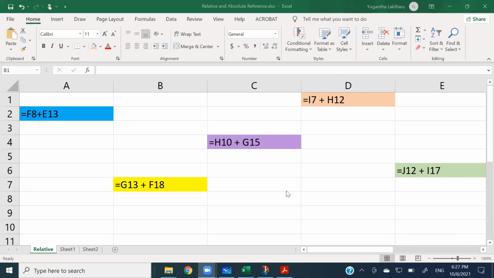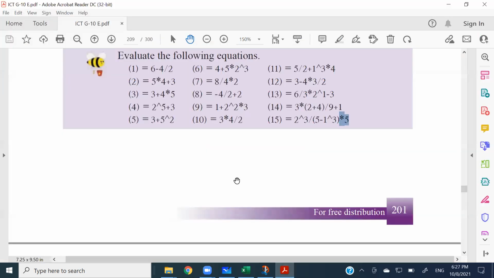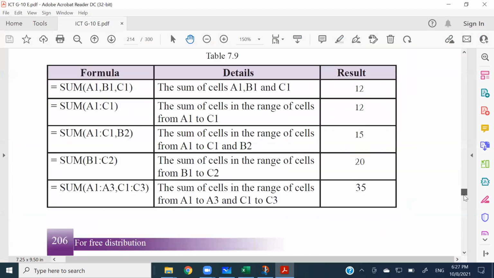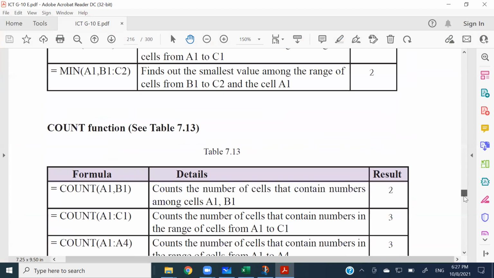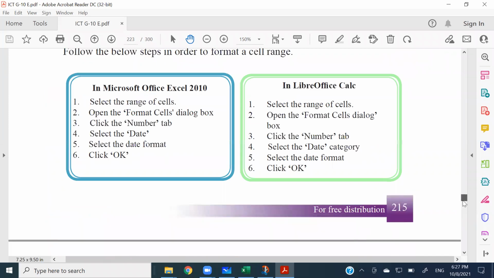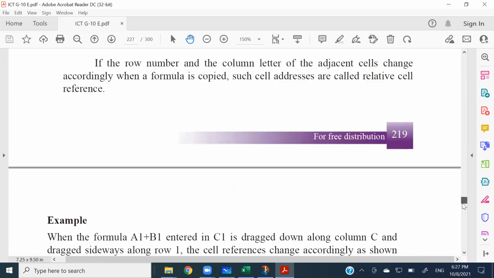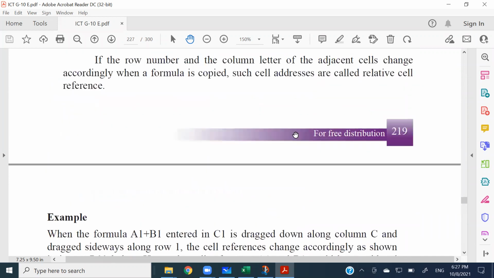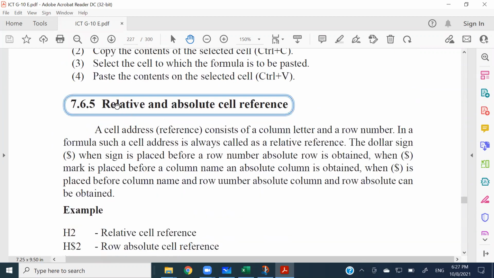Okay, so let's go and take down the notes regarding this. Let's move on to your textbook as well, and we'll see what's there. I'll come to the functions after I refer to these things, people. Write the heading: relative cell reference. Only the highlighted part, relative cell reference.